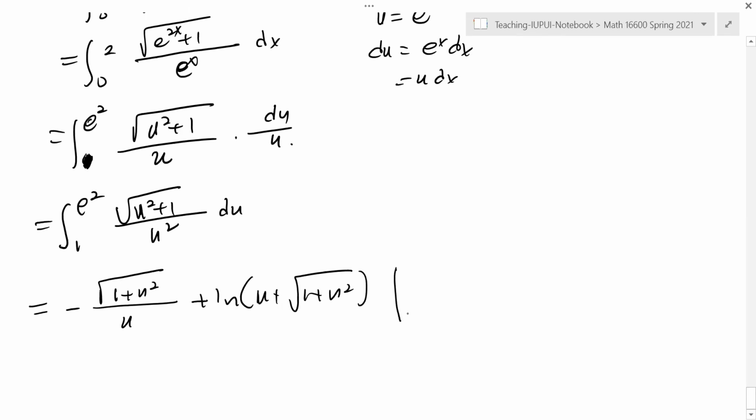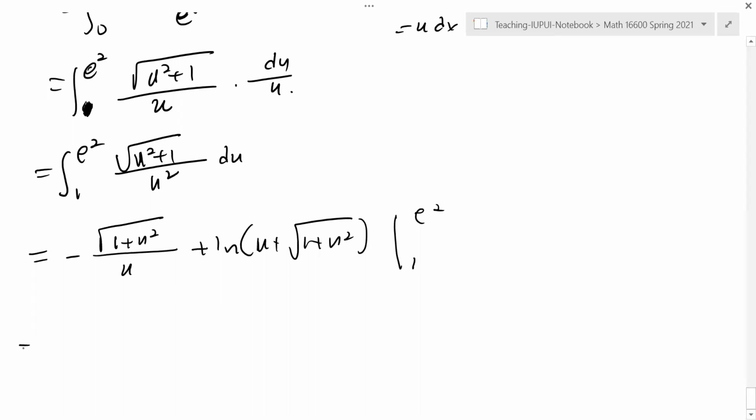So evaluate the two endpoints, and you do get the exact value, but a very complicated exact value. When you square here, this is going to be e to the 4th power, 1, natural log e squared, 1 plus e to the 4th power.